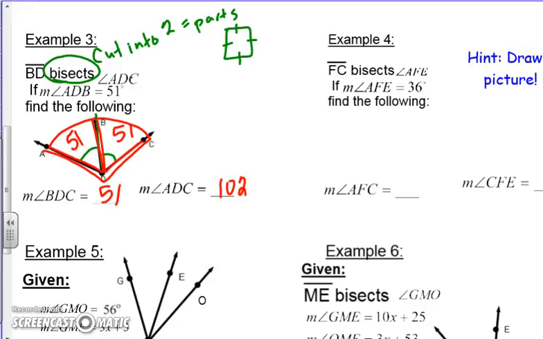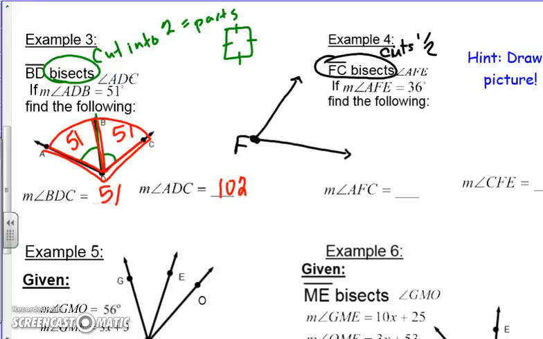Second. Okay. So it says FC bisects. What does that mean? Good. It cuts it in half, right? And then I have angle AFE. Which one's the vertex? F. So F is the one that goes right here. And then I'm going to have A and E. But Miss Ramsey, when they gave us FC, F is right there.